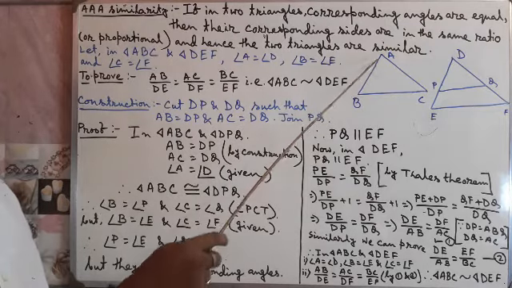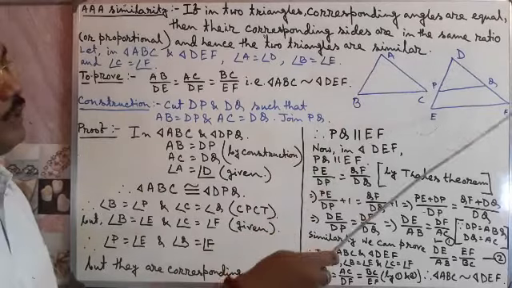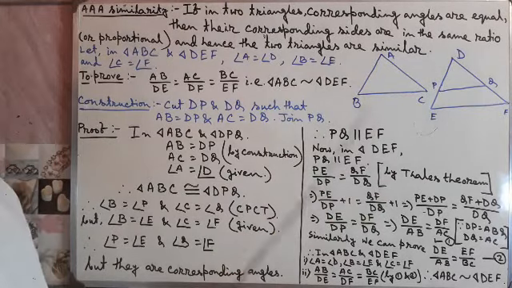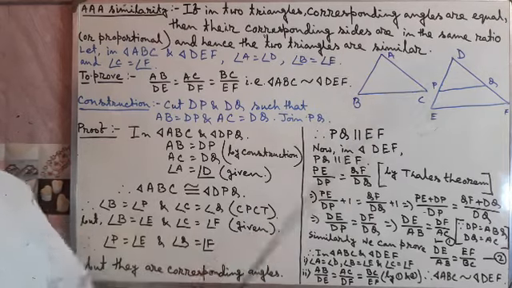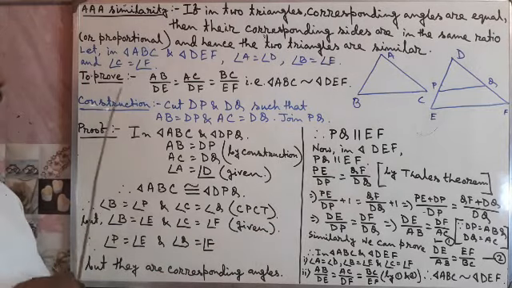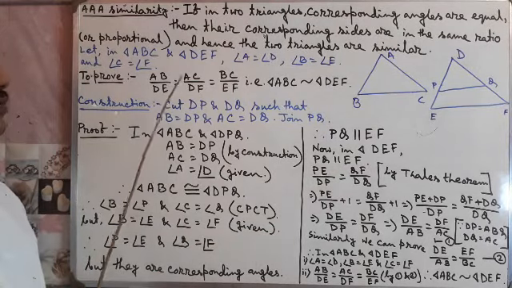So here ABC and DEF are two triangles in which angle A is equal to angle D, angle B is equal to angle E, and angle C is equal to angle F. We are to prove that AB by DE is equal to AC by DF equal to BC by EF, that is, the triangles are similar.